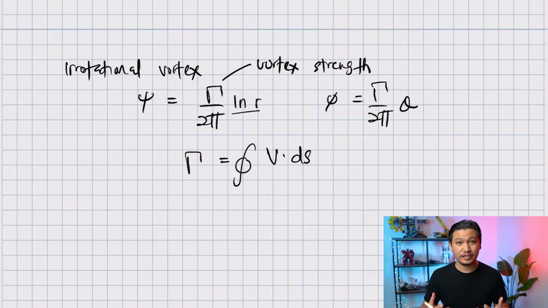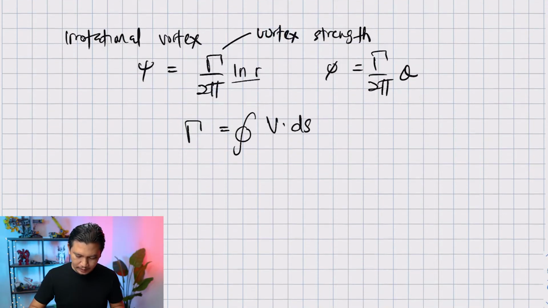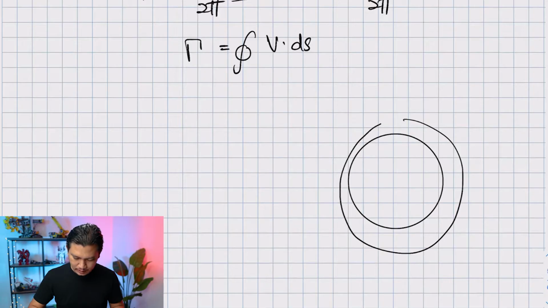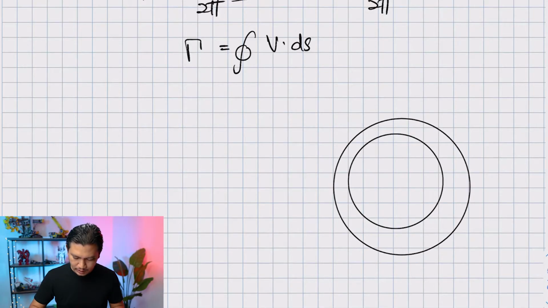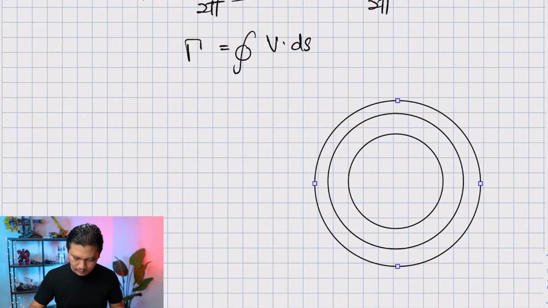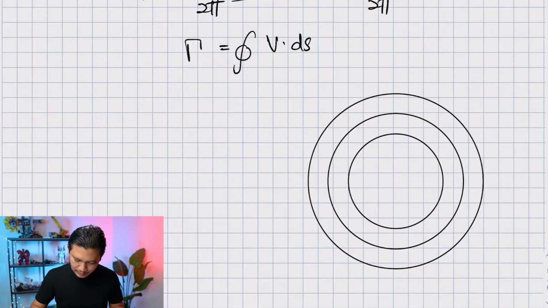Let's not worry about this first, and let's take a look physically at what an irrotational vortex looks like. It looks something like this. You have multiple circles that go around each other, and let's say that this goes counterclockwise.